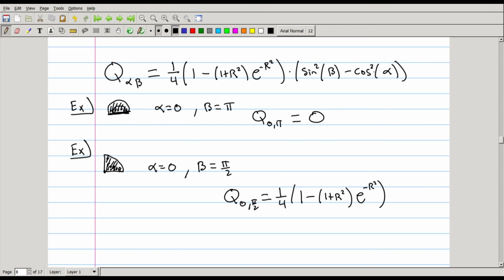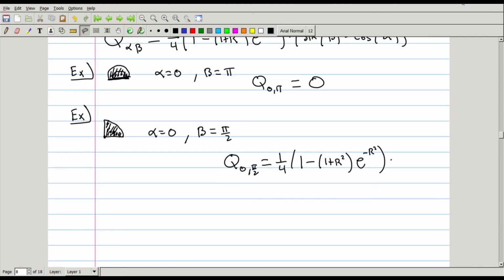Cosine of 0 is going to be 1 and sine of 0 is going to be 0. And this is going to be times sine squared of pi over 2 minus sine squared of 0, sorry.